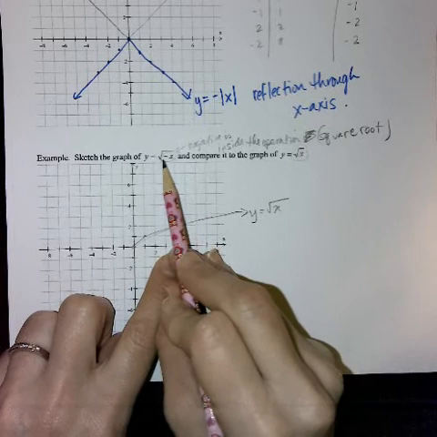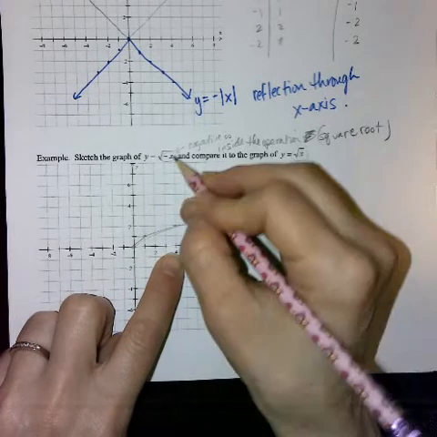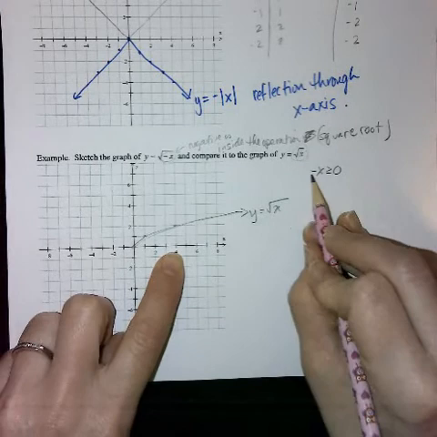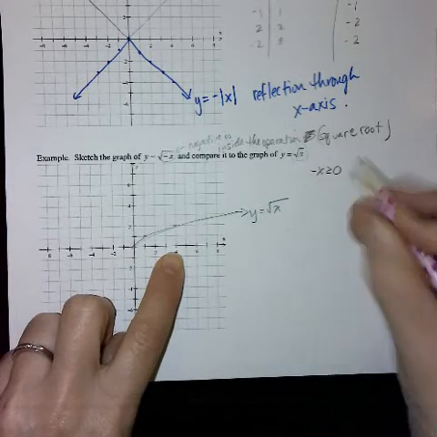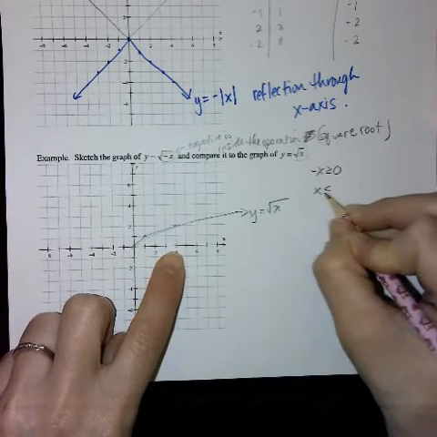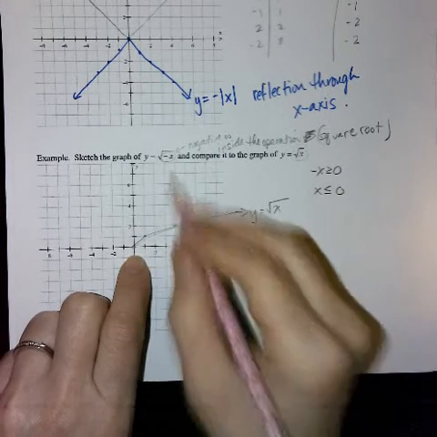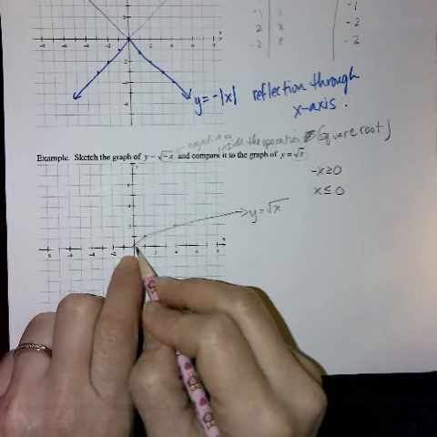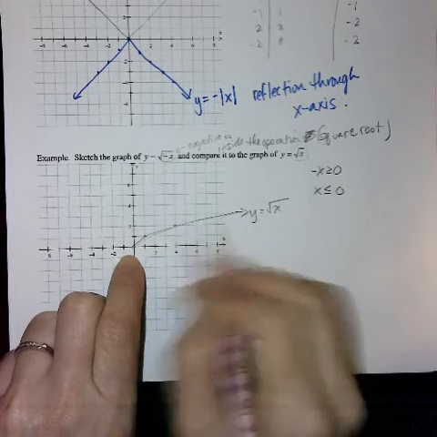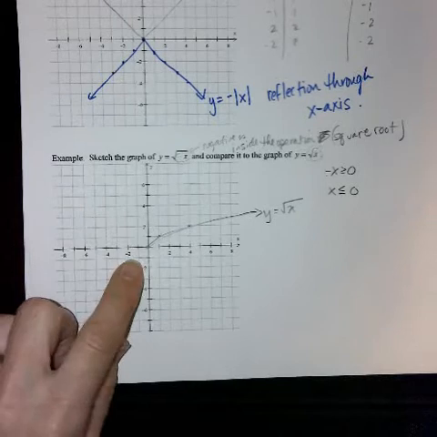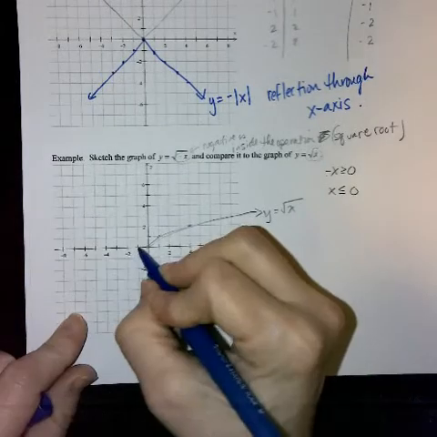Notice you need this expression, negative x, to be greater than or equal to 0. Well, with the negative, divide both sides by -1, the domain becomes x is less than or equal to 0. And so this actually is going to take all our original inputs. Those no longer work. You have to go and plug in the negatives. And when you plug in -1, now you get the square root of 1, which is 1.